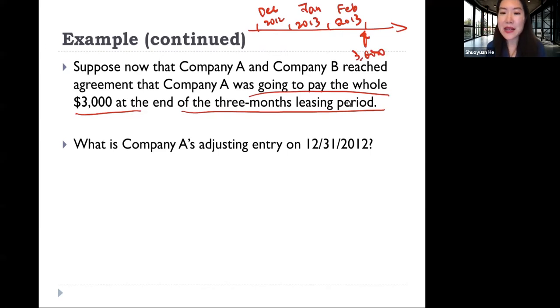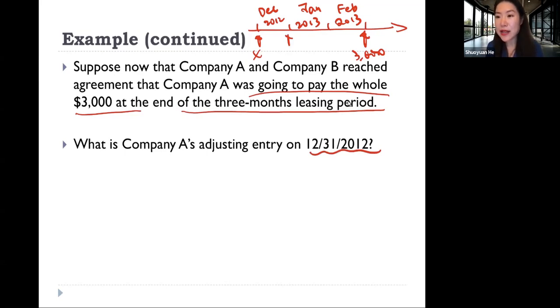What is company A's adjusting entry? So which means that, different from before, on December 1st, 2012, nothing needs to be done here. So our first question begins with December 31st, 2012. What is company A's entry on this date?